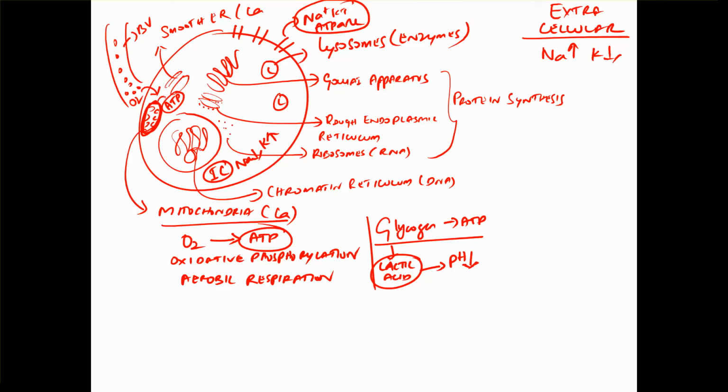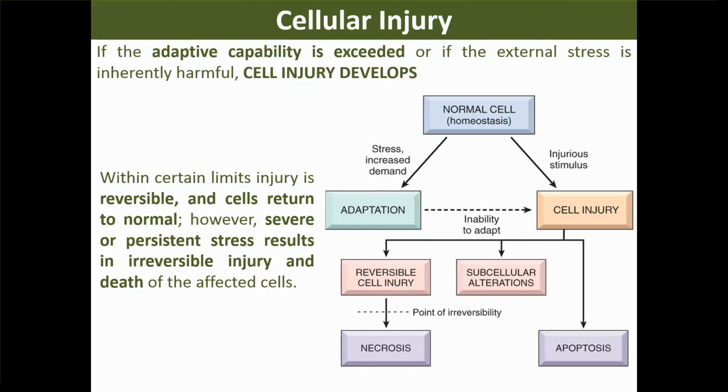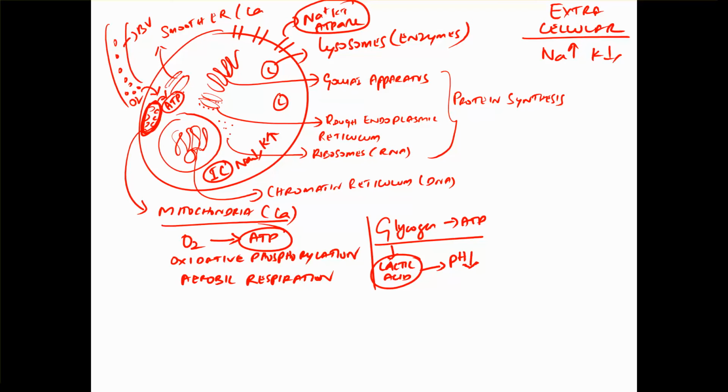This ATP goes to the sodium potassium ATPase channel, and ATPase is the enzyme which breaks the ATP and produces energy, and the sodium potassium gradient is maintained.